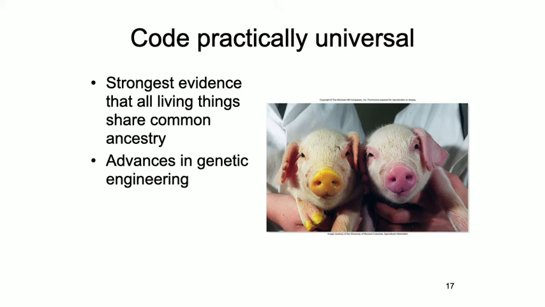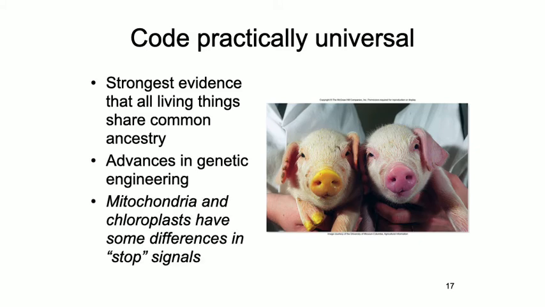A yeast cell that has human DNA can read it and produce human insulin, which can then be cleaned up, harvested, put into a buffer, and used by people who can't produce their own insulin. This is true with many other proteins like human growth hormone and others that are used in different therapies.